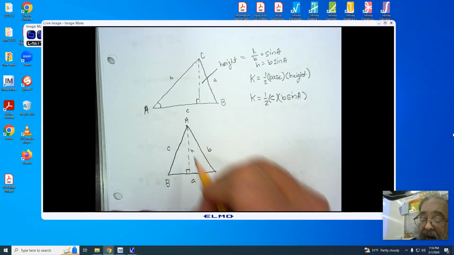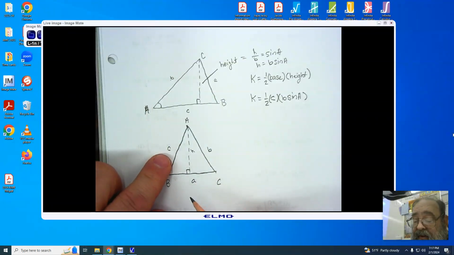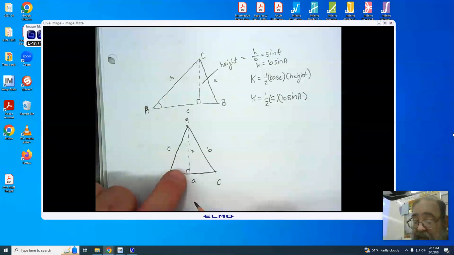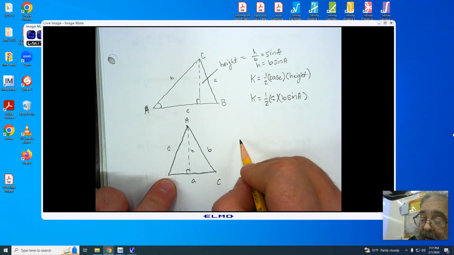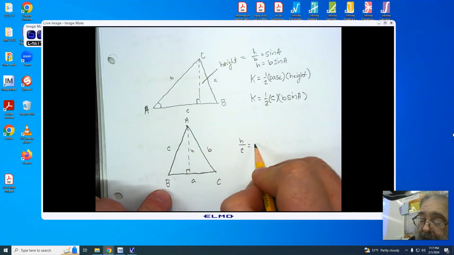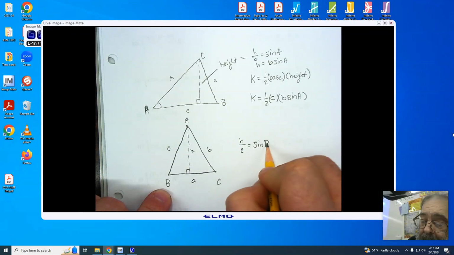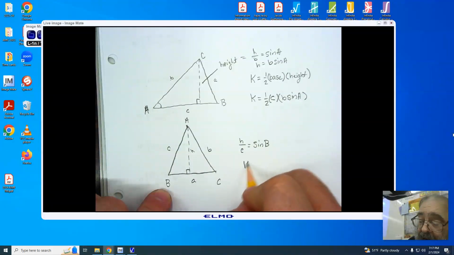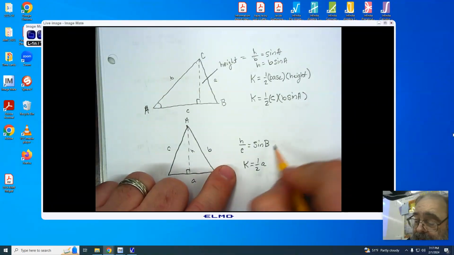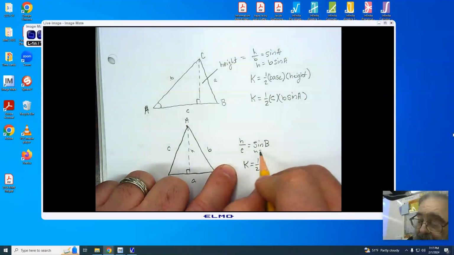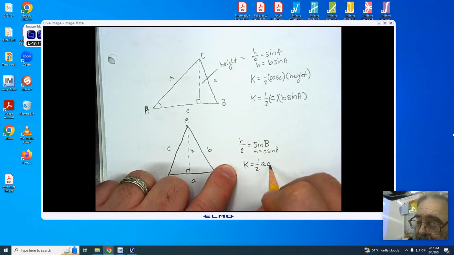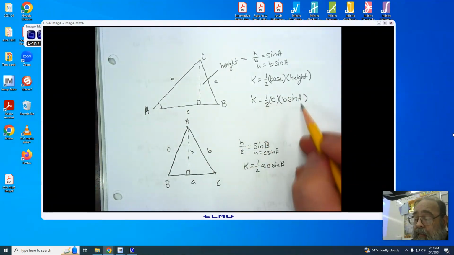I'm now looking at my height. I can see side C is going to be the hypotenuse of this triangle, and it's angle B. So the height divided by C has to be the sine of angle B. Once again, we have K equaling 1/2 our base times the height, which turns out to be C times the sine of B. Hey, we have a similar pattern.